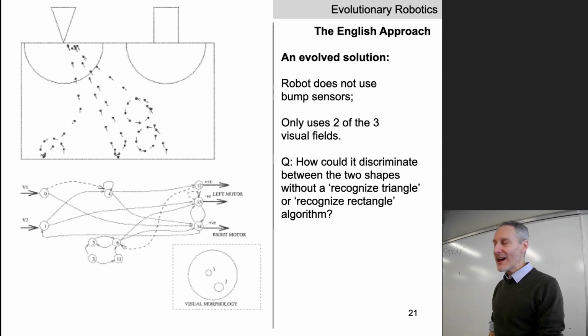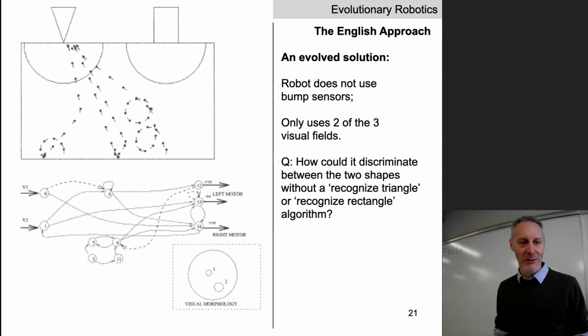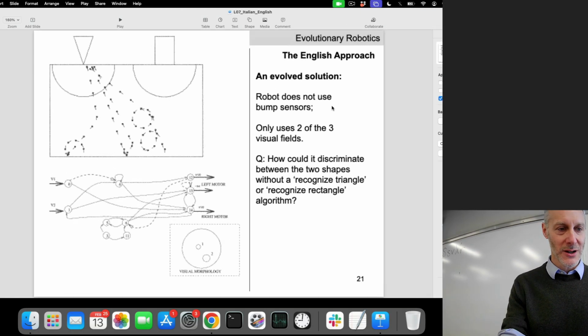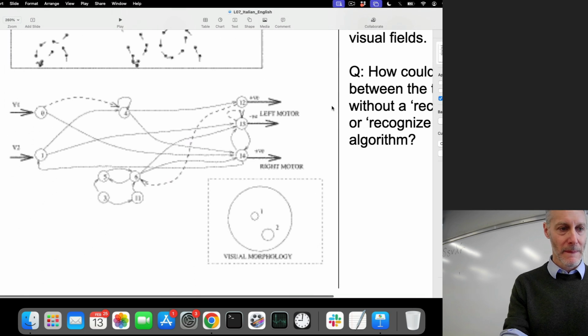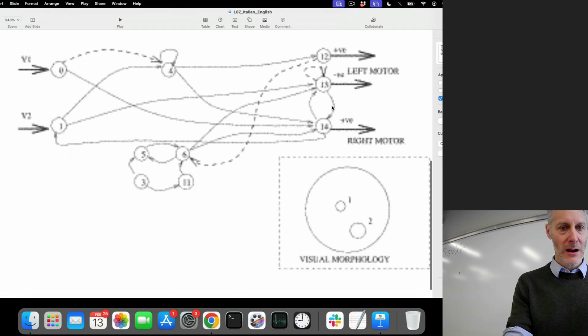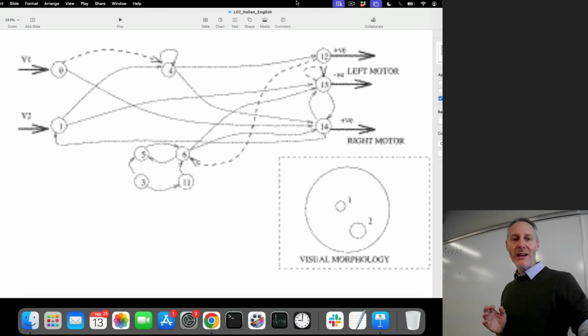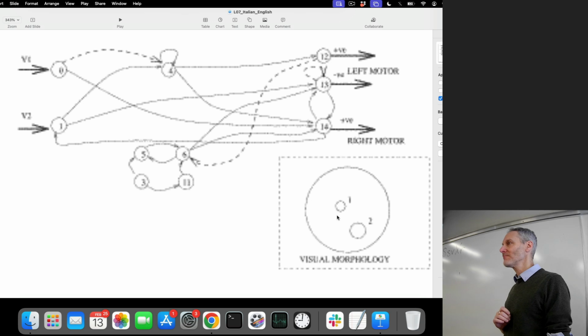All right. Again, I really apologize for the quality of this figure. Actually, I love this figure so much. Let me see if we can zoom in a little bit so you can really see what's going on here. We're looking at the brain of this robot and the eye of this robot.